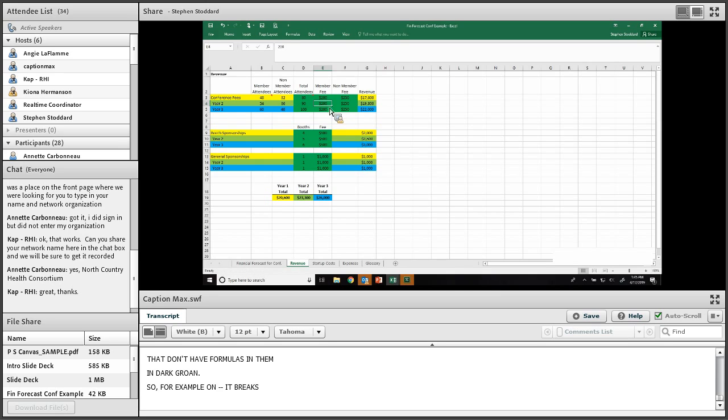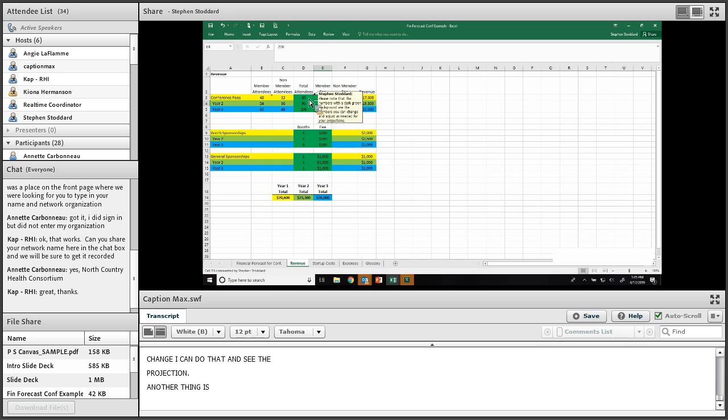And so briefly, jumping through each of these tabs real quick, one thing you'll find in these spreadsheets is I've put in all of the areas that you can adjust or change that don't have formulas in them in dark green.